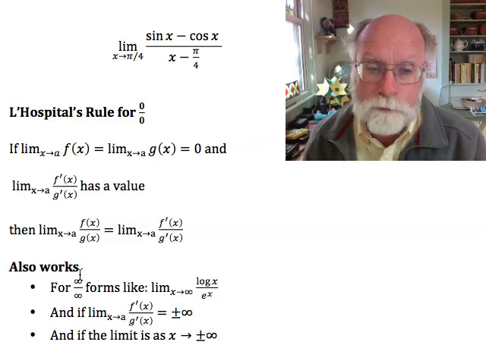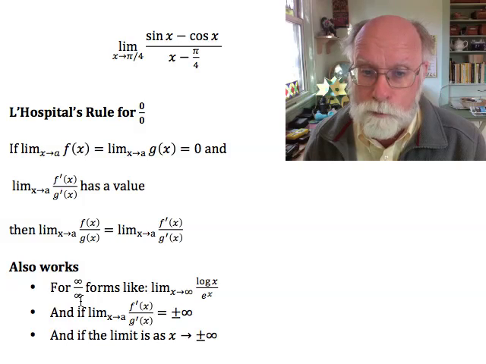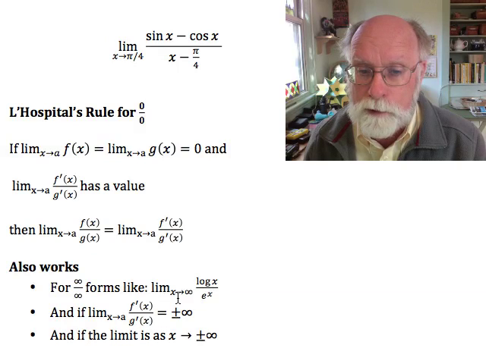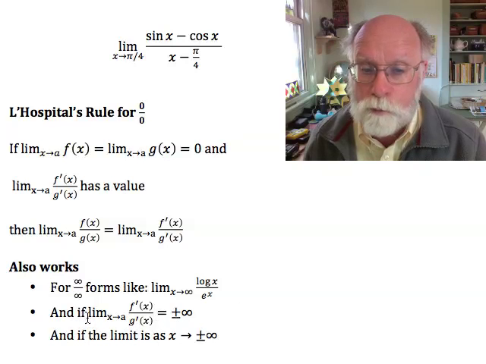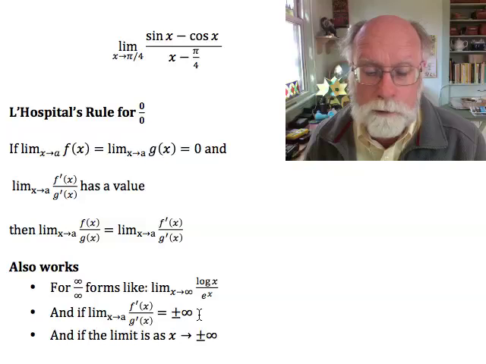So it works for infinity over infinity forms as well as 0 over 0. So I've given an example, log x over e to the x. Log x goes to infinity and e to the x goes to infinity as x goes to infinity, so that's an infinity over infinity form. It works if f prime over g prime has a limit which is plus infinity or minus infinity.